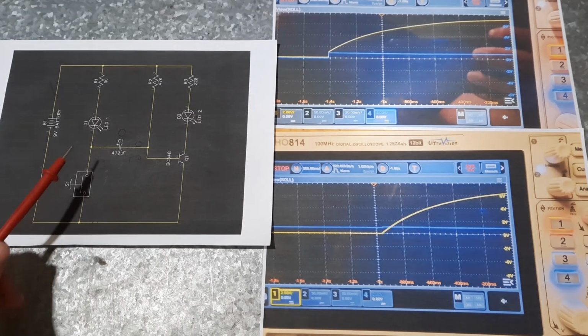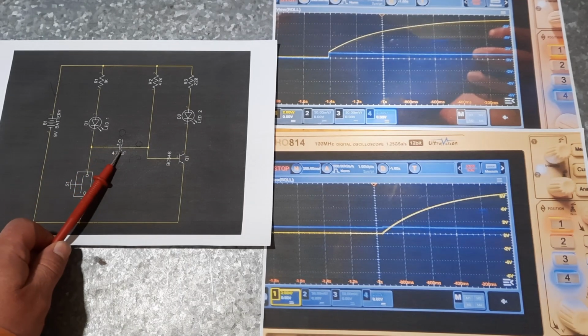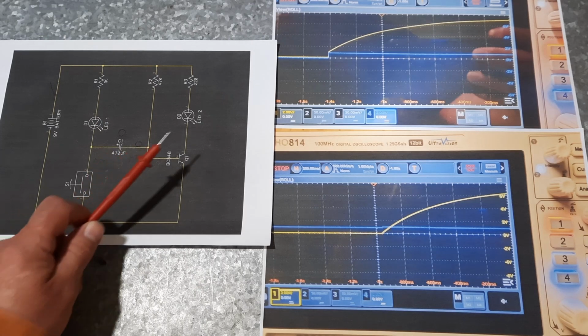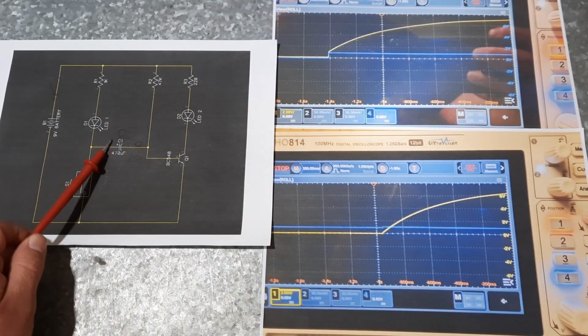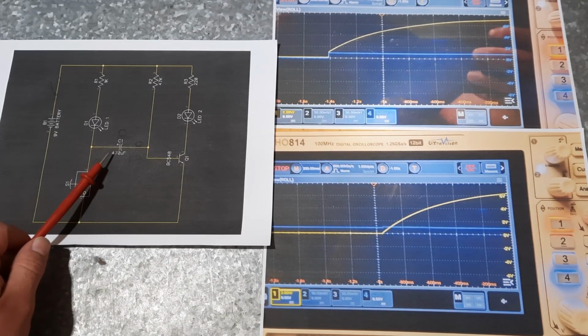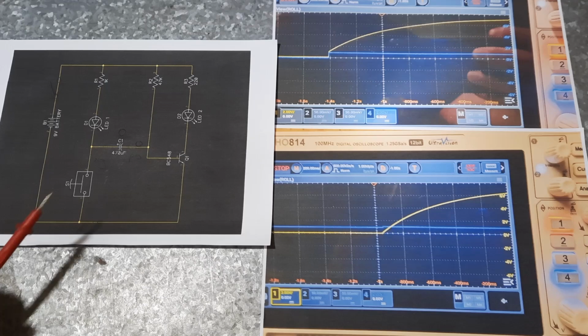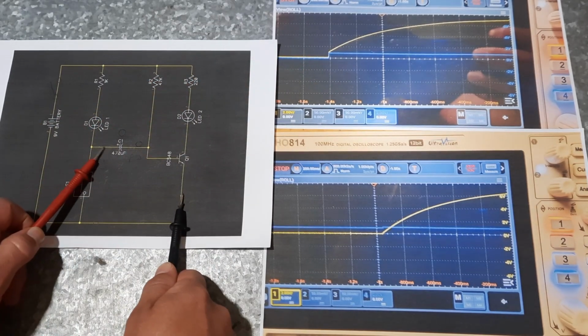Once again, it all comes back to this capacitor and how it's charged. When we first started with this one, this cap was discharged. It had 0 charge across it. So we are measuring with this scope probe from here to here.